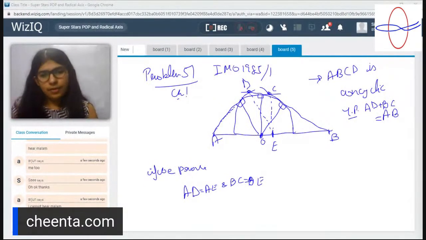We go the reverse way because otherwise it's pretty hard to imagine what point E can be, right?